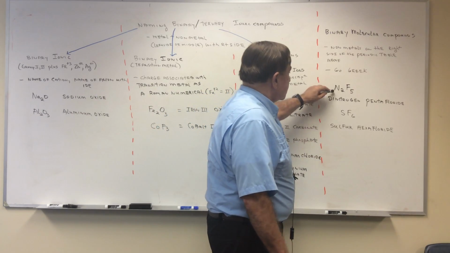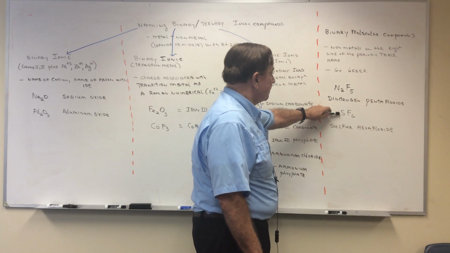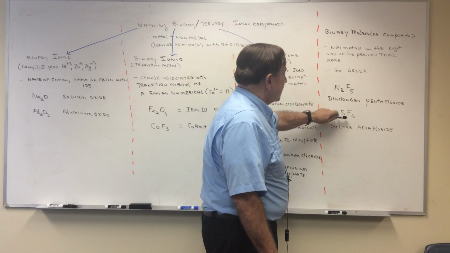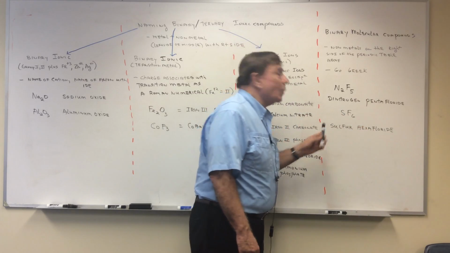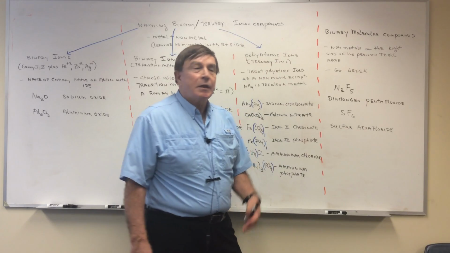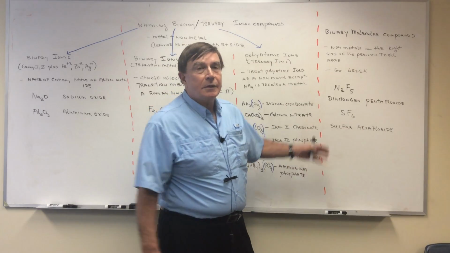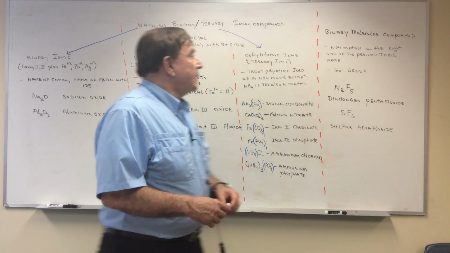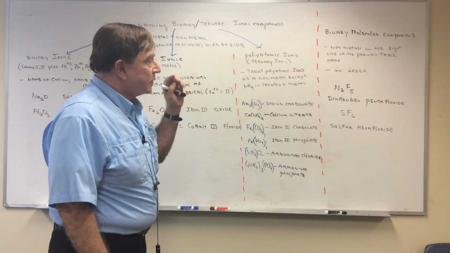So dinitrogen pentafluoride. This one, sulfur hexafluoride. If you notice, we don't say mono sulfur hexafluoride, it is sulfur hexafluoride. The 1 is taken as true. You don't have to say it. Okay, that's binary molecular compounds.